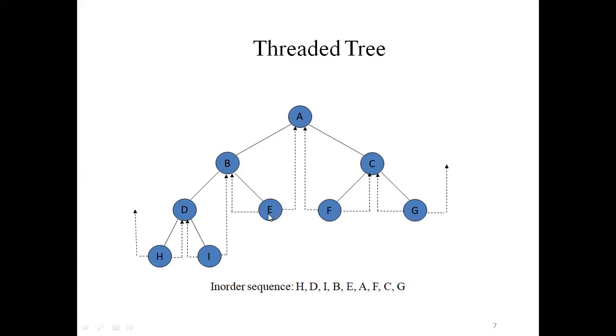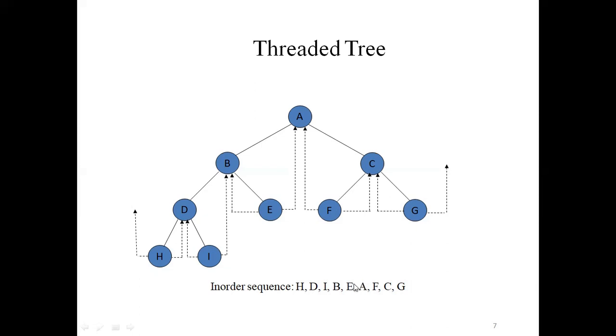Similarly, if you look at node E, node E doesn't have any left or right child. So the left pointer field, which was storing null, will be replaced with the inorder predecessor of E. For E, the predecessor is node B. So E will point back to B, or E will store the address of node B. And the right field will hold the address of the inorder successor of E. So who is the inorder successor of E?